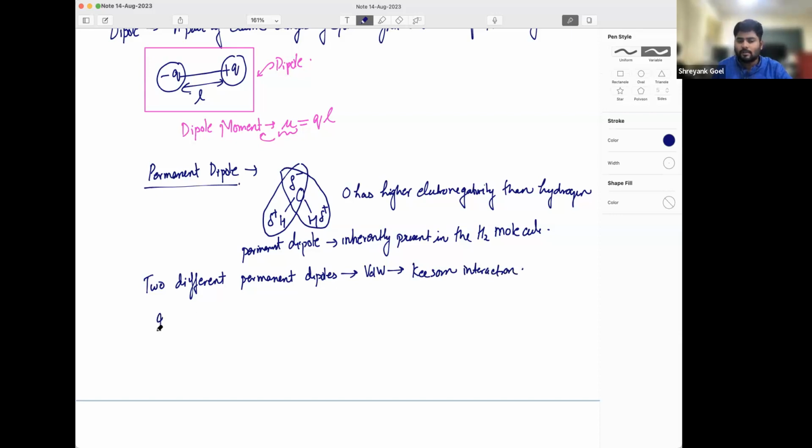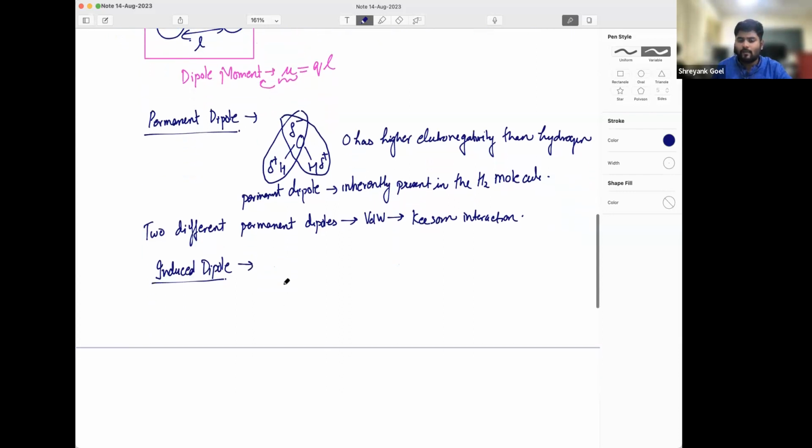Now, what is an induced dipole? So an induced dipole is like you are having an atom with a nucleus and some electrons.